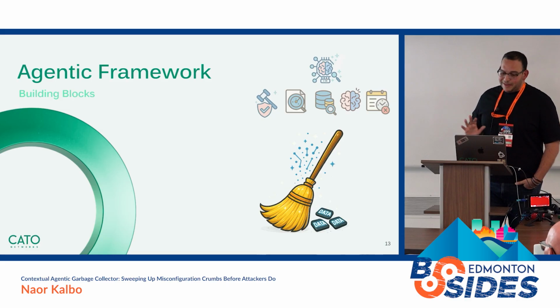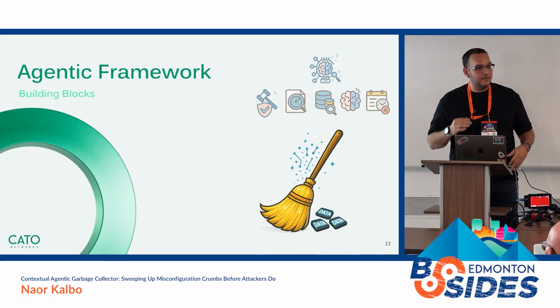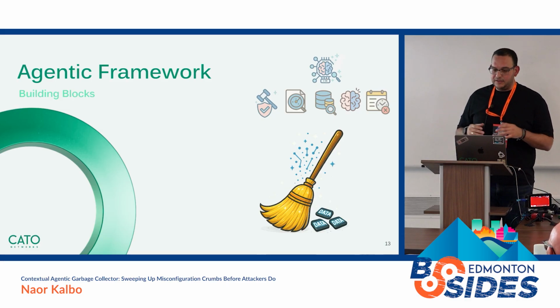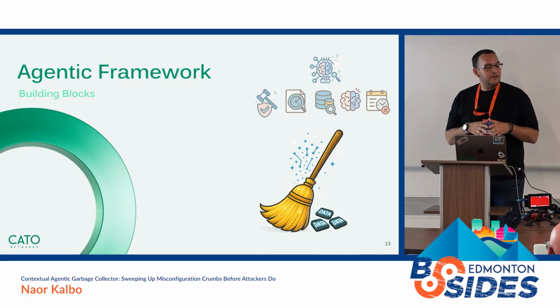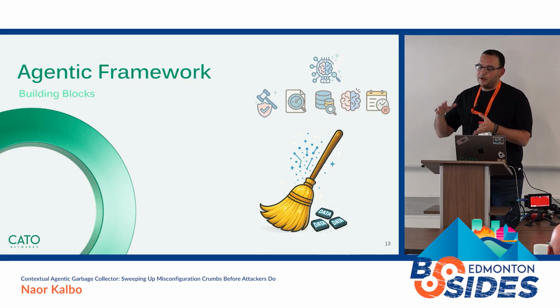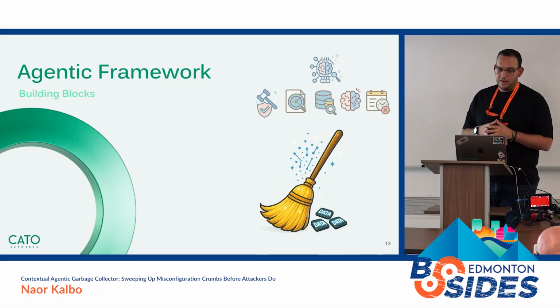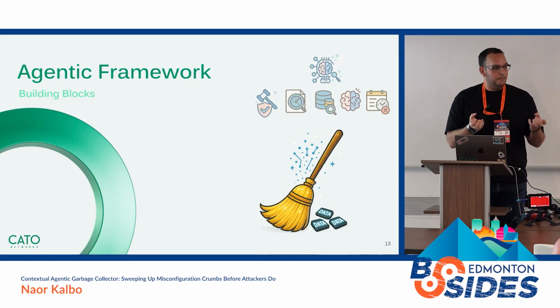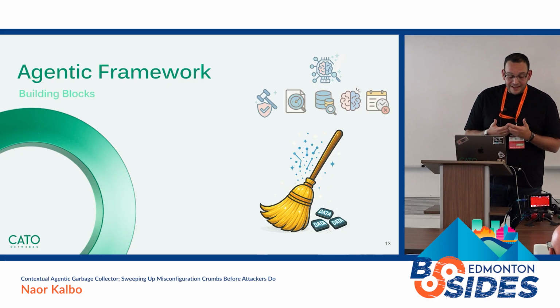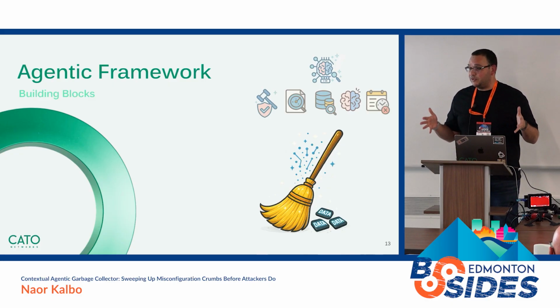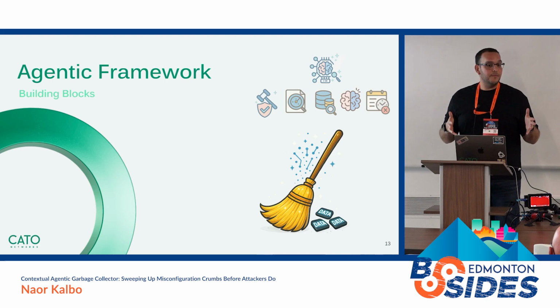So up until now, we have gone into detail on different types of contextual misconfiguration and how they appear within the policies, like temporary, test, and so forth. These are the crumbs attackers are eager to find, and they invest endless resources to do so.